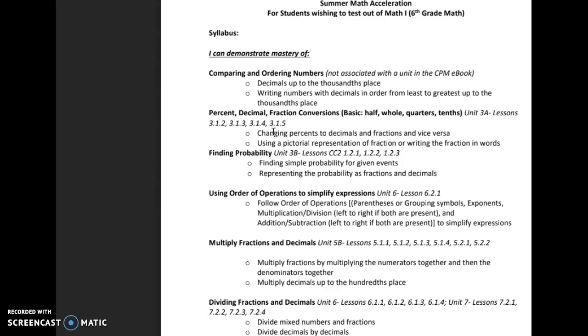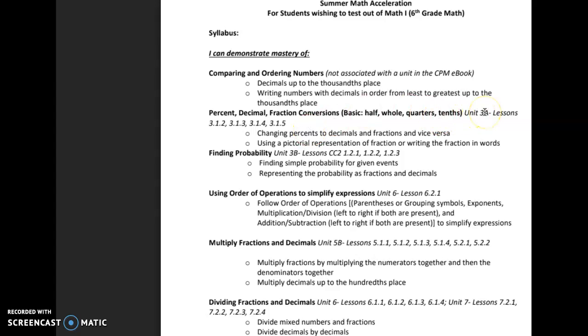So now that I know that, what will I be doing in those lessons? I need to know how to change percents to decimals and fractions and vice versa. I'm also going to use a pictorial representation of a fraction or write the fraction in words. So now I know what I'm looking for with this leverage target.